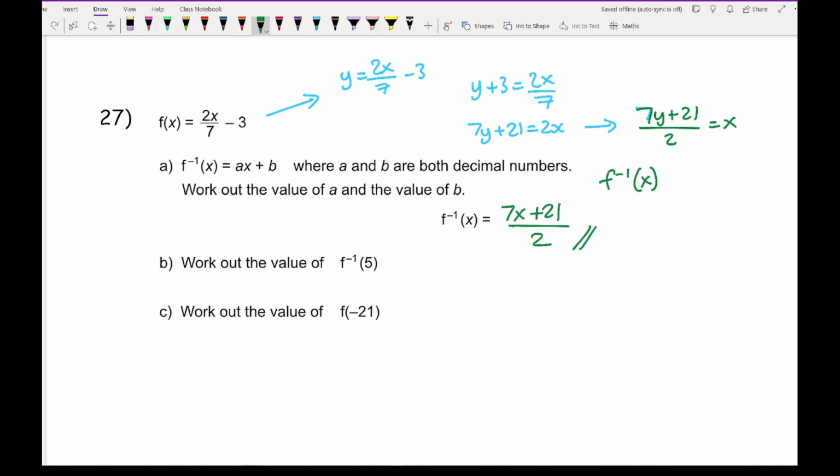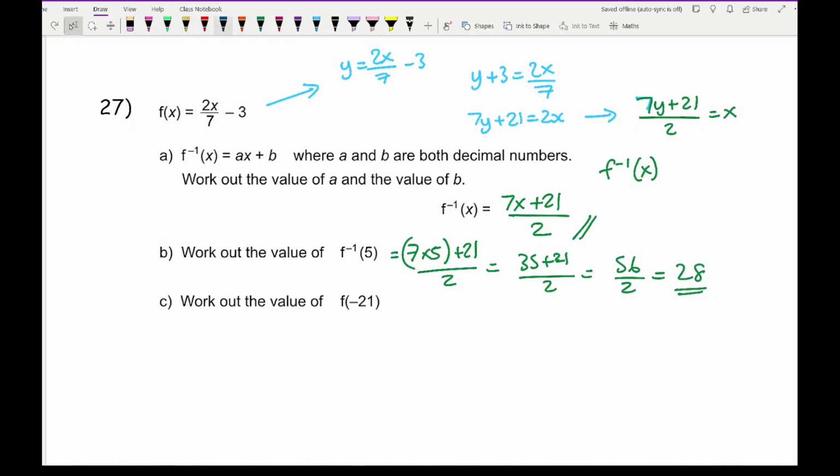Next question then says substitute 5 into this. So I've got 7 times 5 plus 21 divided by 2, so that's 35 plus 21 over 2, which is 56 over 2, which is going to be 28.